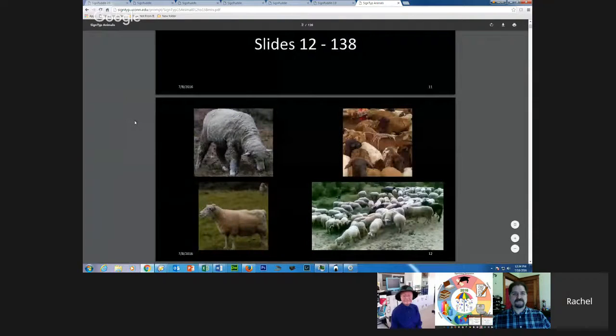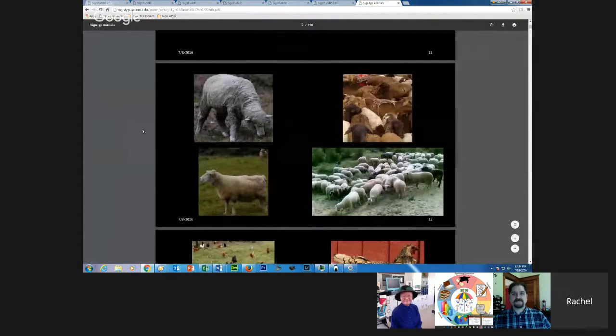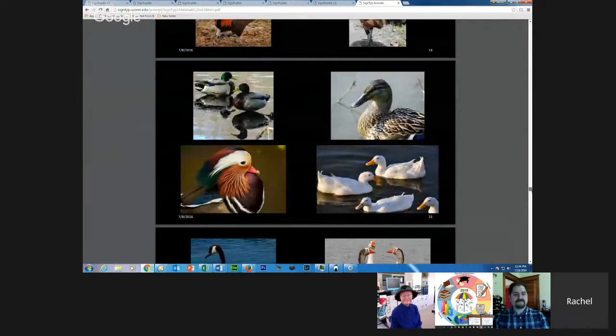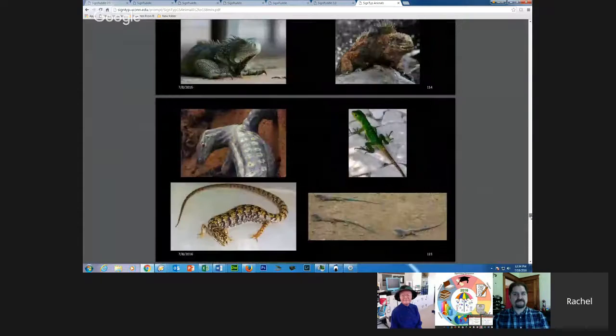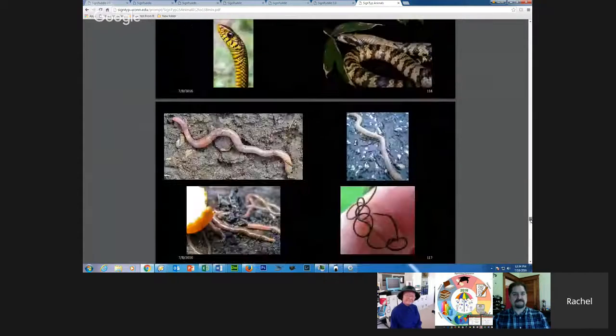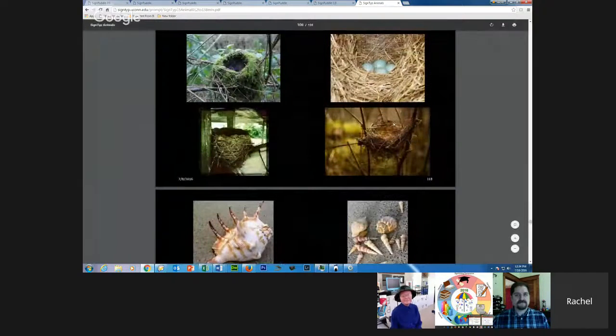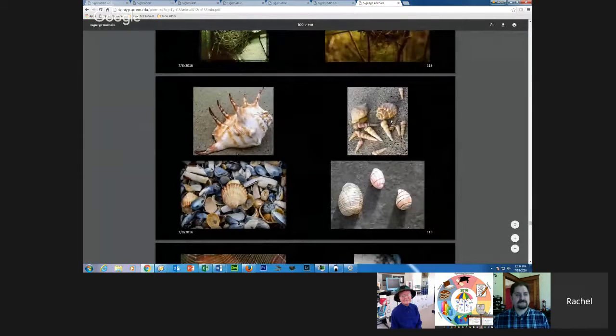So these are relatively straightforward, and we don't have too much confusion. As you get down later, the slides get a little more complicated. So let's see if we can find. Okay. Here we have parts. So we have like a bird's nest, and then we have shells.